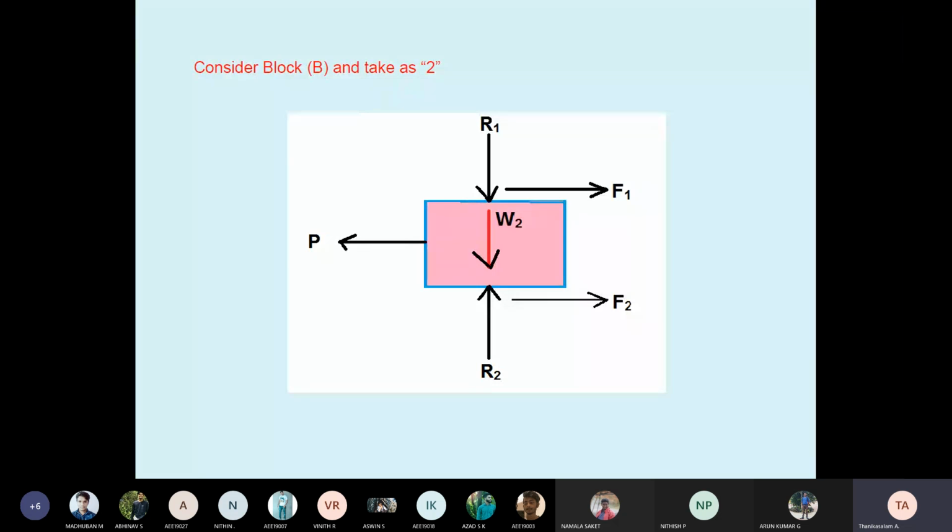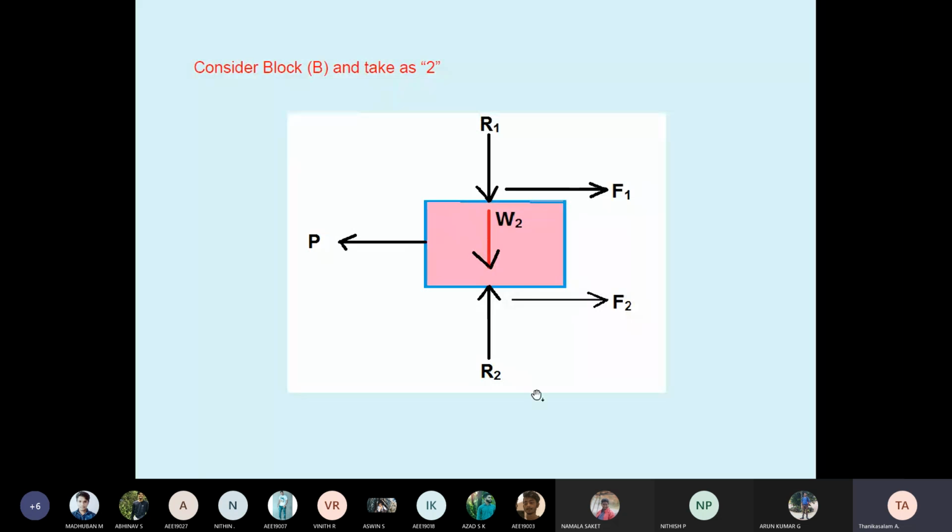Why did I introduce two frictions, F1 and F2? Because block B is in contact with the bottom surface, I take F2. Similarly, block B is in contact on the upper and the lower sides. For the other block A, the friction is F1. Block B's weight W2 acts vertically downward. Students, weight acts vertically downward. Every action has an equal and opposite reaction. So block B is in contact at both bottom and upper.